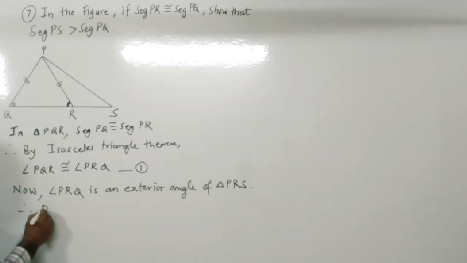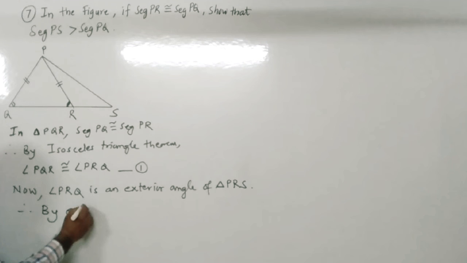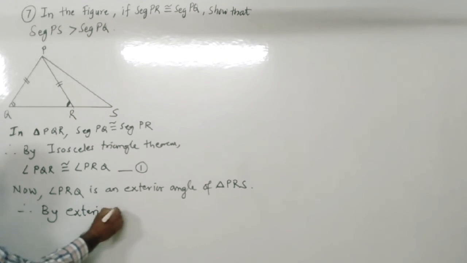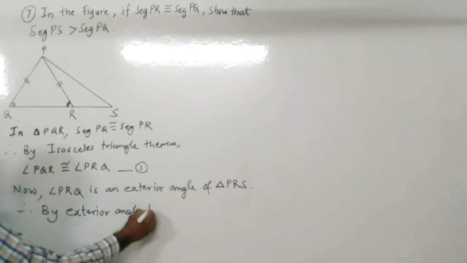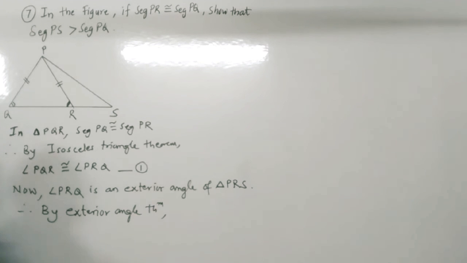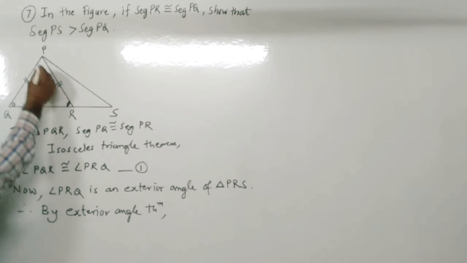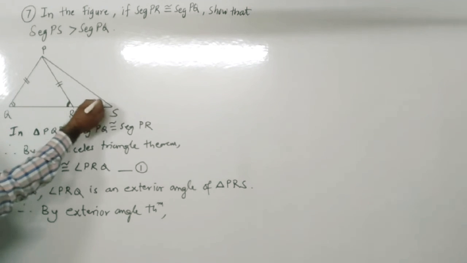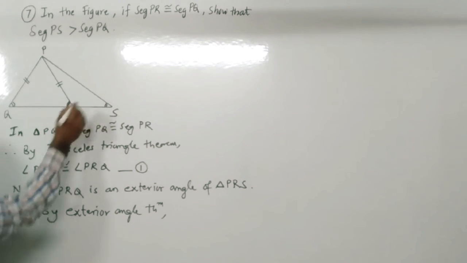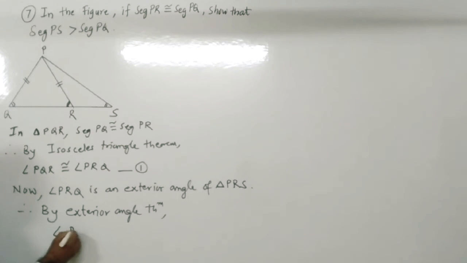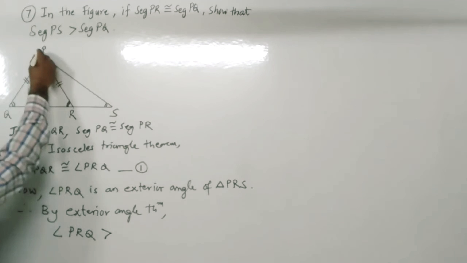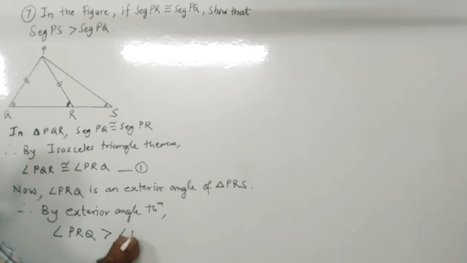Therefore, by the exterior angle theorem, the measure of an exterior angle is greater than either of its remote interior angles. So angle PRQ is greater than angle PSQ.